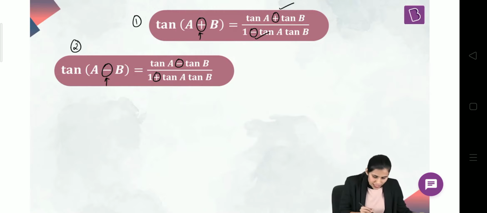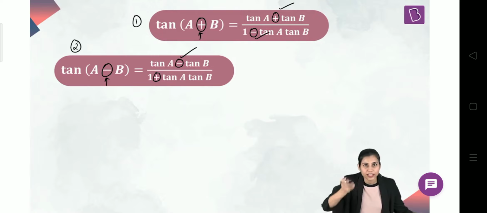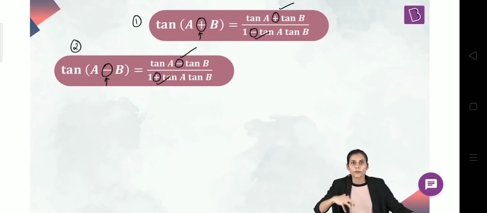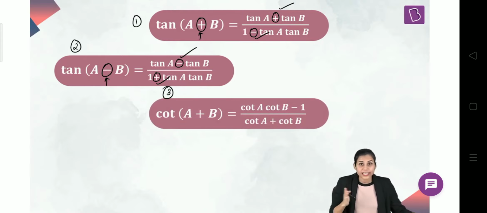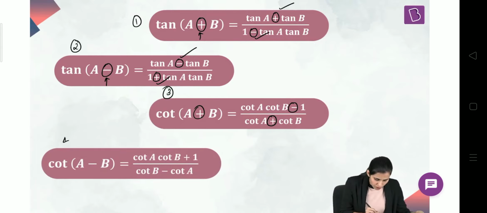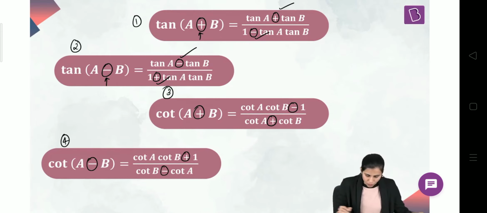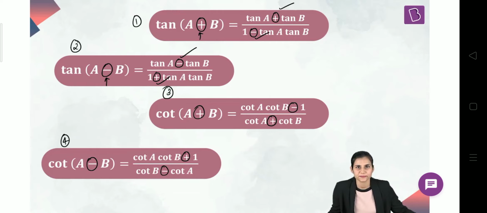If there's minus on the left hand side, there's minus in the numerator and opposite plus in the denominator. Exactly opposite happens in the case of cot. Cot of A plus B is cot A cot B minus 1 whole upon cot A plus cot B, and cot of A minus B is cot A cot B plus 1 upon cot B minus cot A.